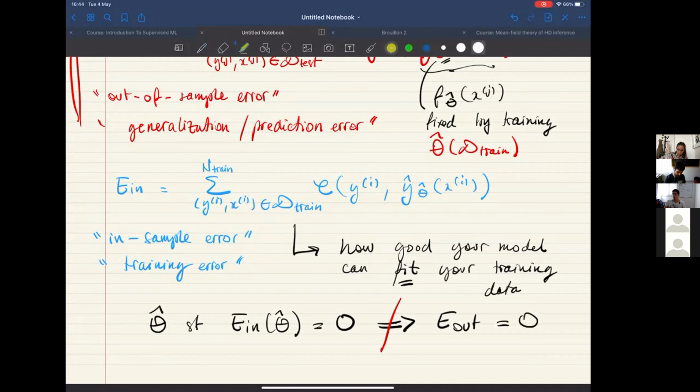Quite the opposite. As we will see, it's not necessarily a good sign that the training error is too low. And we will try to understand why.